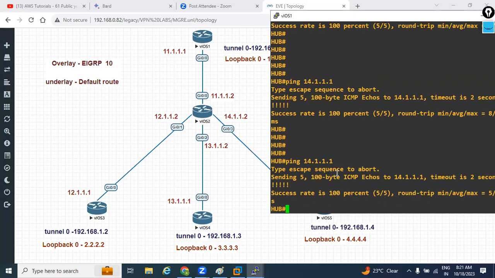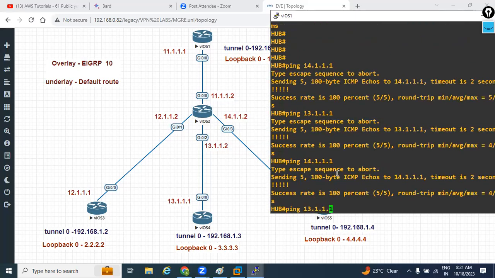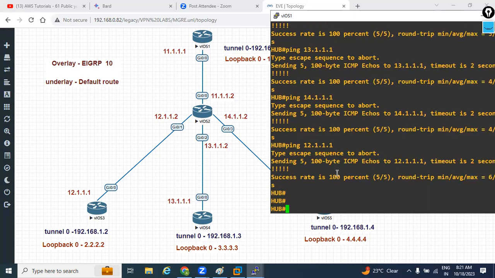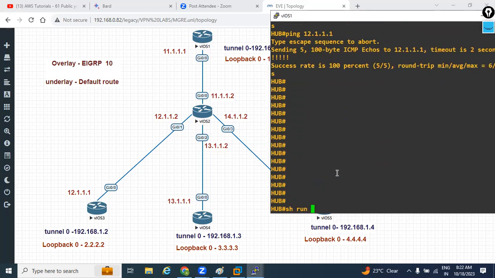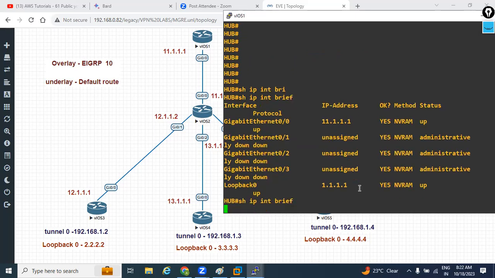So now you can see reachability is there with all the spokes. 12.1 is also there. Okay, 12.1, hub. Now show IP interface brief. Any tunnel interface? No. Do we have any tunnel interface here?